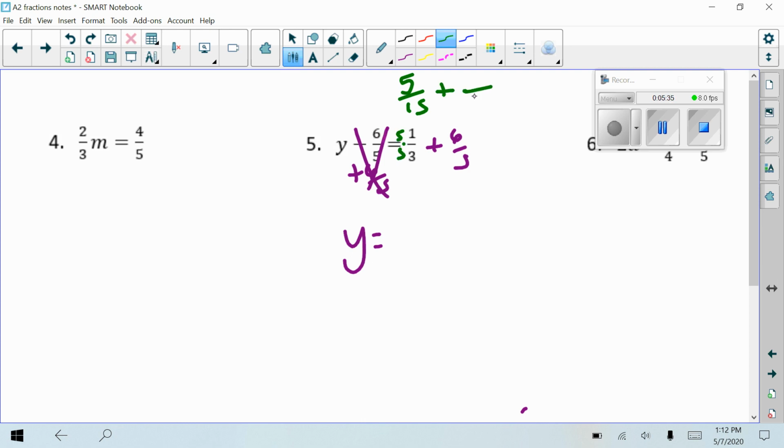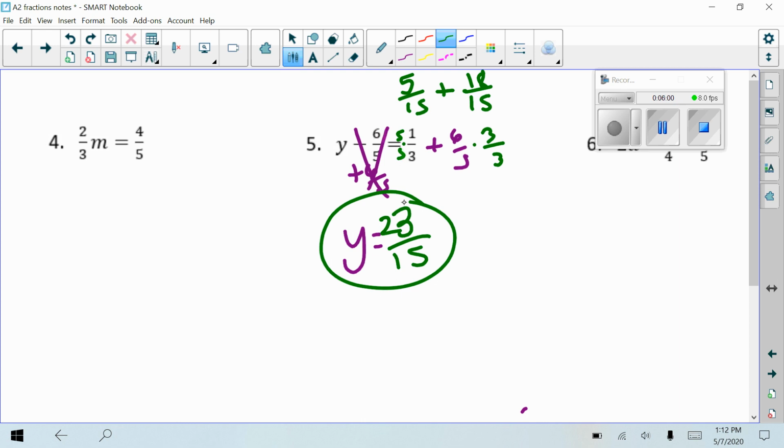If I wanted to turn this fraction into a denominator with 15, I'd have to multiply by 3/3. So that would be 18. If I have 5/15 and 18/15, that gives me 23/15. Again, you can check that in your calculator. When you're all done, plug it in for y.